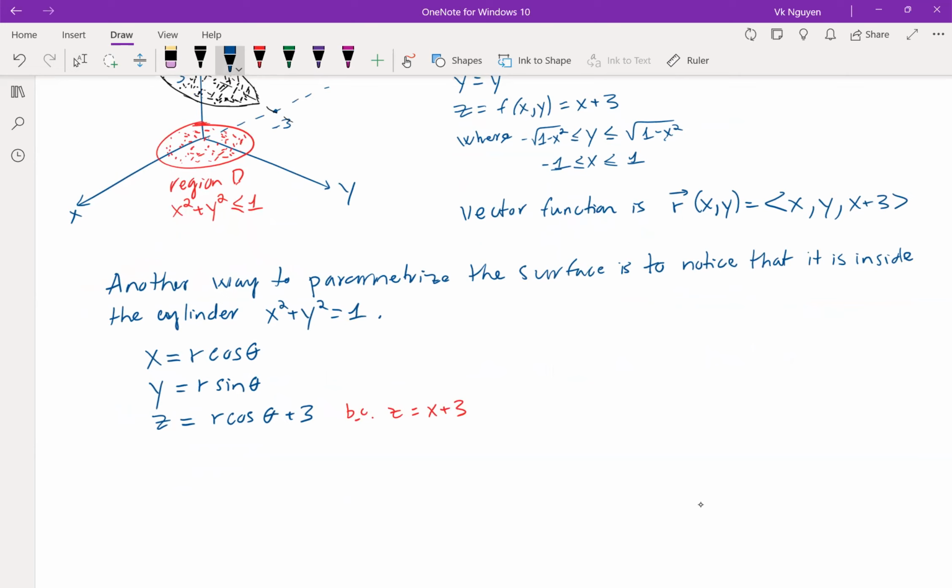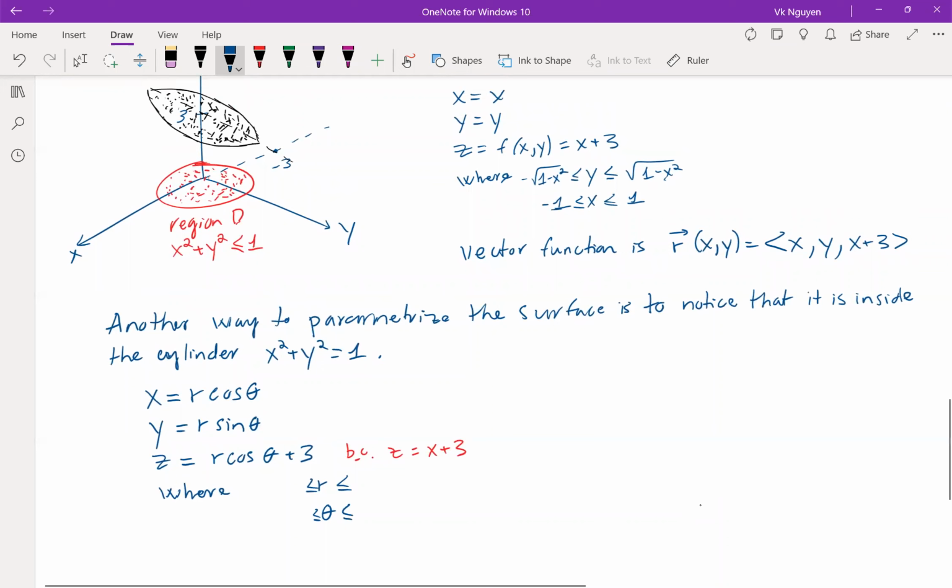Where, well, we have to figure out where the radius r goes from, and then where the angle theta goes from. The radius r here, well, this is a circle. If you look at the region D, it's lucky that we have the region D here.